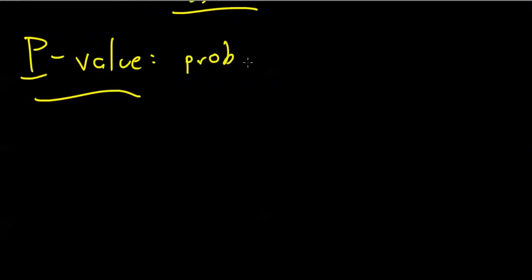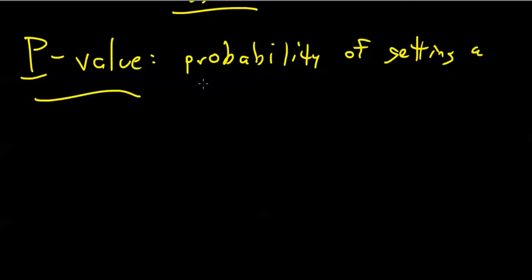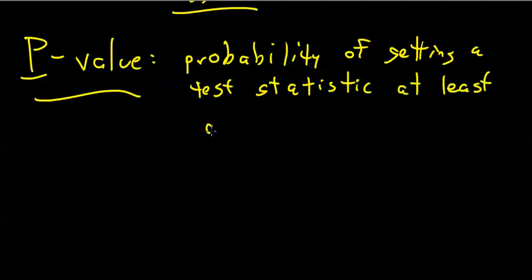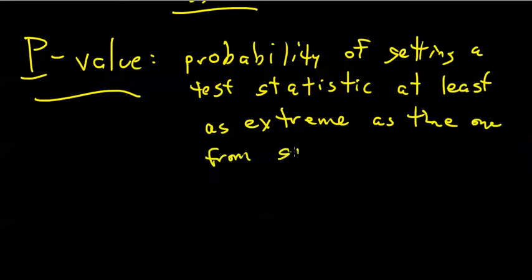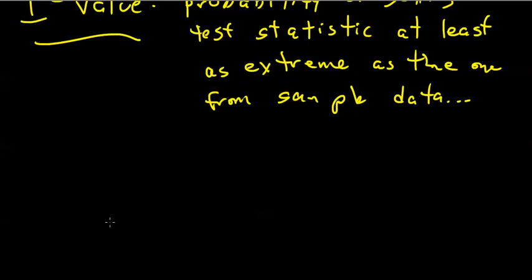It's the probability of getting a test statistic or sample data at least as extreme as the one from sample data. That's a very flowery and formal definition.